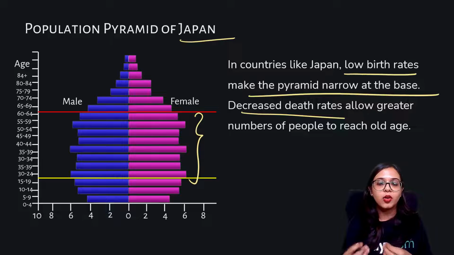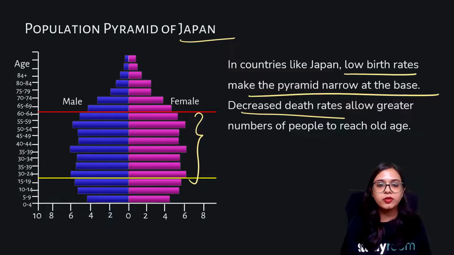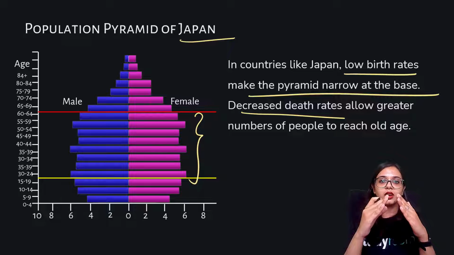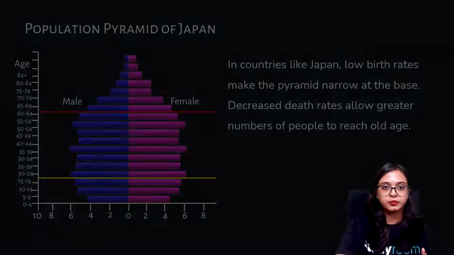Because of higher advancement and better ways of life, there is a decrease in death rate, and because of their own choices and regulations, there is a low birth rate also. So this is the population pyramid of Japan, which differs very highly from India and Kenya. It does not have that typical triangular shape.